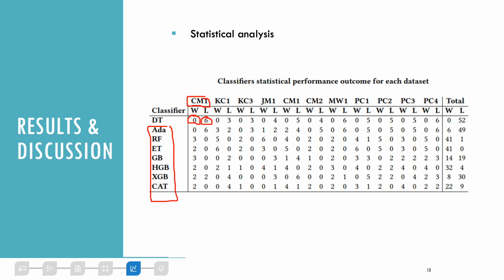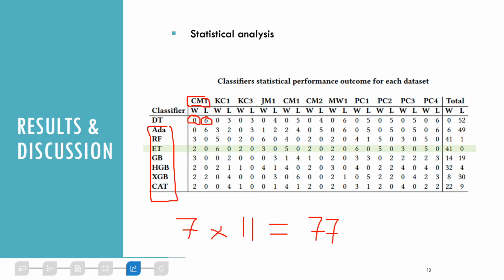So what is the total number of paired comparisons for these datasets in the context of our empirical investigation? So a decision tree will be compared against 7 classifiers in 11 datasets, which results in a total of 77 paired comparisons.